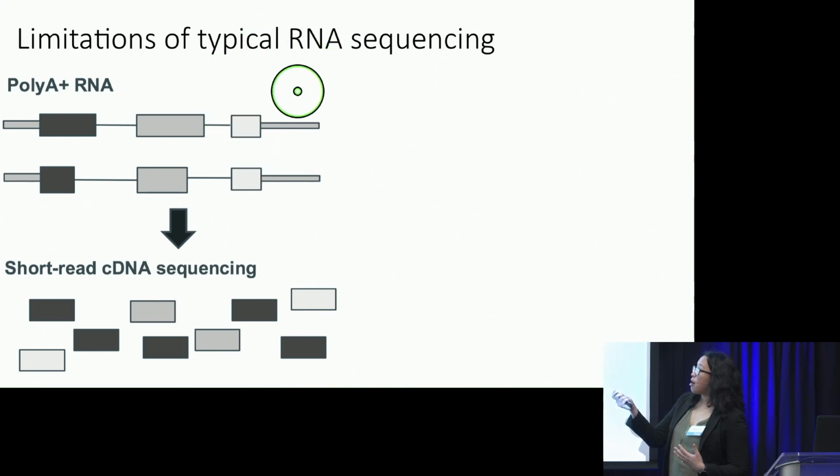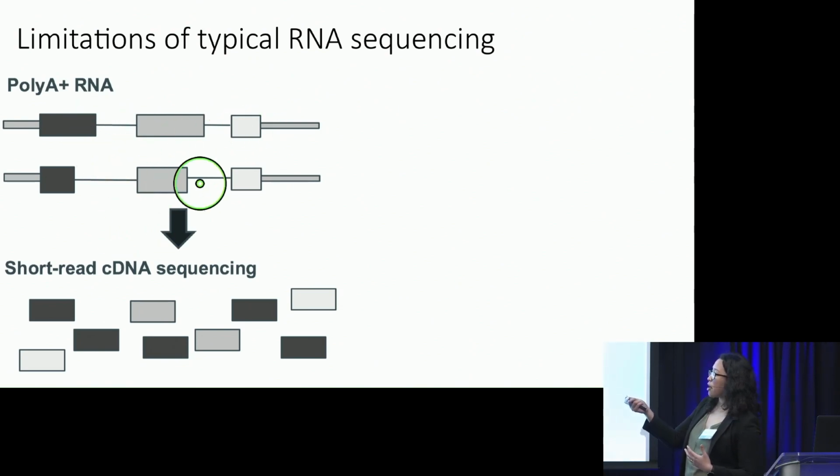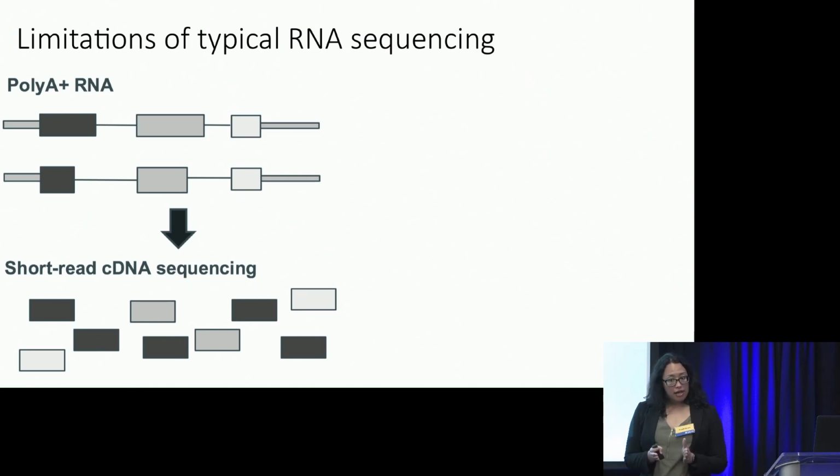So typical RNA sequencing will take the RNA, and we usually look at a population called poly A plus or polyadenylated RNA. Those tend to be the protein coding RNAs. And so we take that population of RNA, and then we actually have to make a copy of it into DNA.